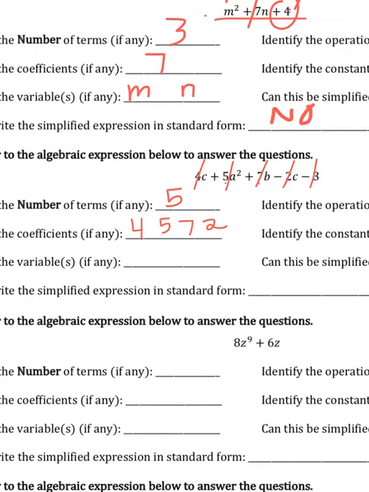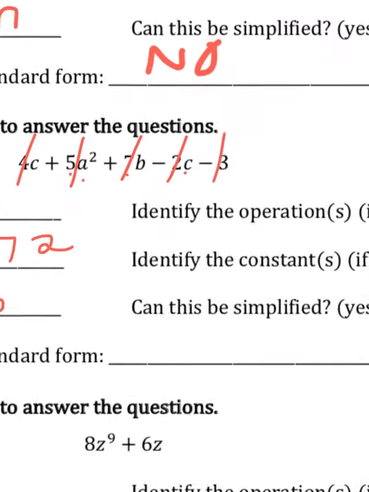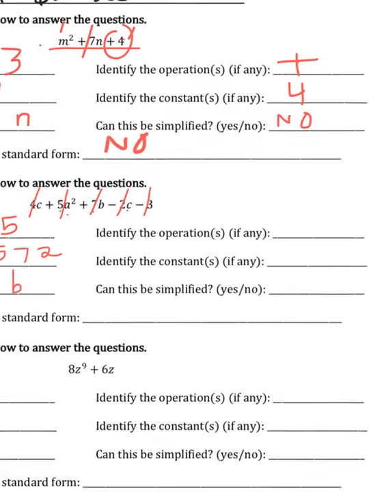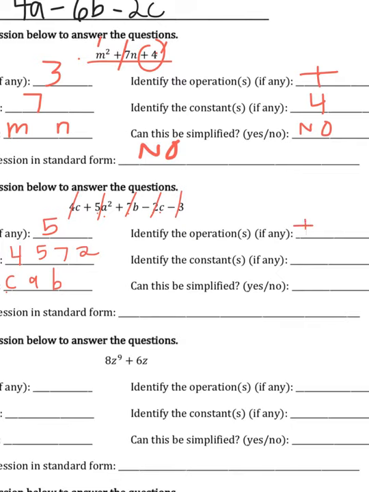Variables. I see a C. I see A. I see B. And a C again, but I'm not going to write that down twice. The operations, I see plus and I see minus. Constants.